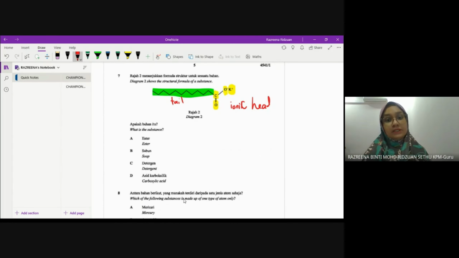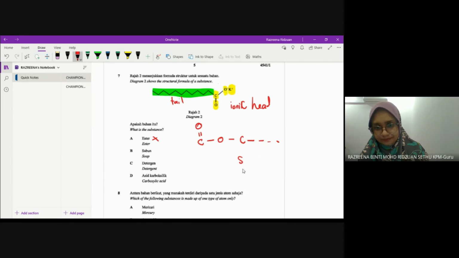So definitely what is it? It is not ester, because for ester you will find something like C double bond O, O, C, something. You must see the OC. There's only O here and K, so it's not. Detergent, on the other hand, is something that has an S, double bond S, so not this.